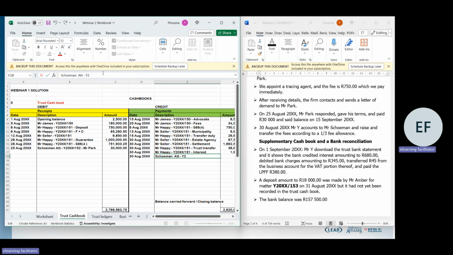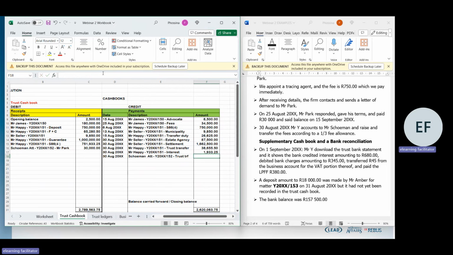It's file Y20XX152, and it's a trust transfer like that. How much? 3050.00. But remember, we received 30,000. We are transferring 3050. So this part we are going to also show it in our ledger.